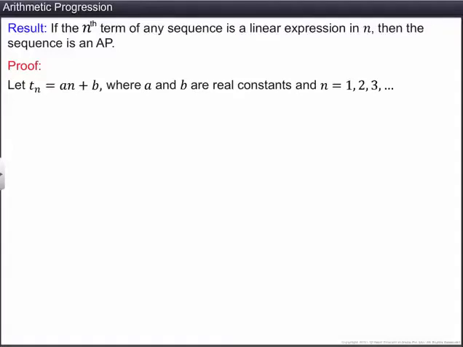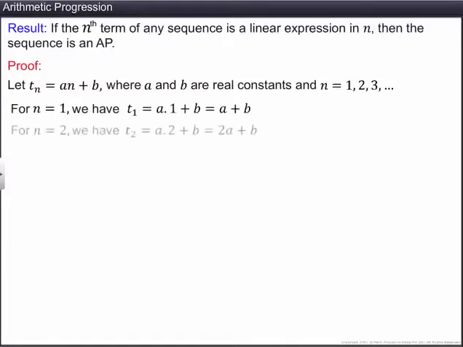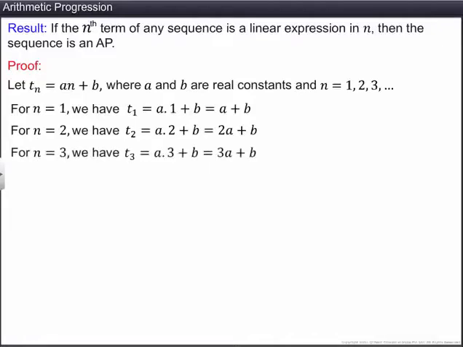For n equal to 1, we have the first term as a plus b. For n equal to 2, the second term is 2a plus b. For n equal to 3, the third term is 3a plus b. Similarly, the n minus 1th term is equal to a into n minus 1 plus b.